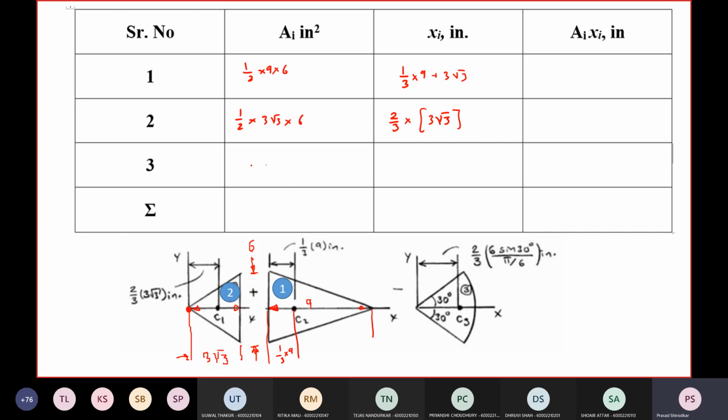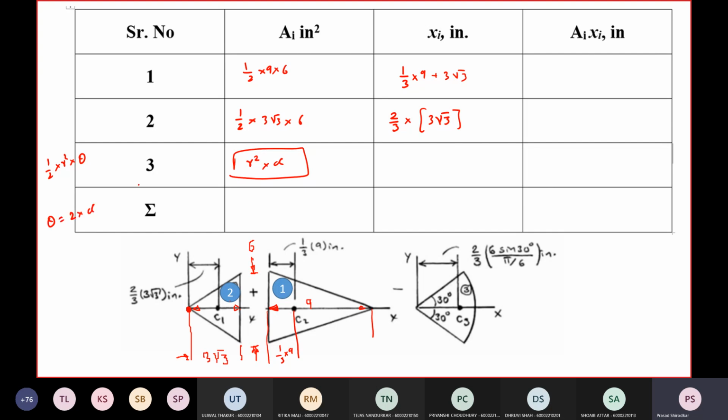And the third area is the area of the sector, and that is given as either half r square theta or r square alpha, where theta is twice of alpha.